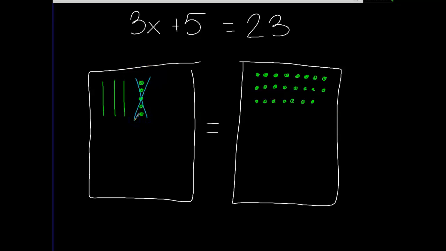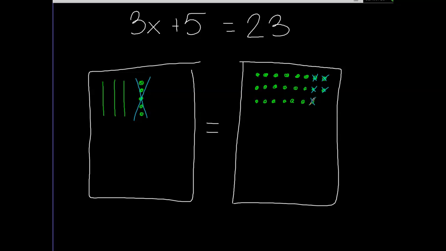So if I take away 5 positives from one side, I have to do the same to the other. So then I would take away 5 positives on this side. Now I'm left with 3x equals, and I have 18 ones left.